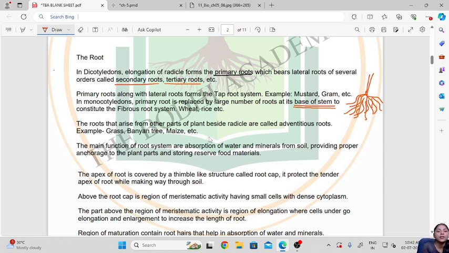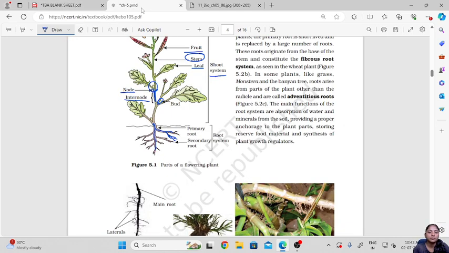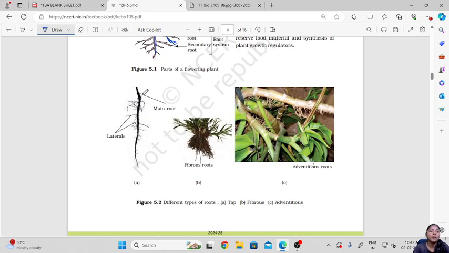Okay, examples are wheat and rice. So here we have the taproot system. This is the primary root which gives rise to the secondary and tertiary roots. Then we have the fibrous root system where you can see a lot of roots coming out directly from the stem of the plant.